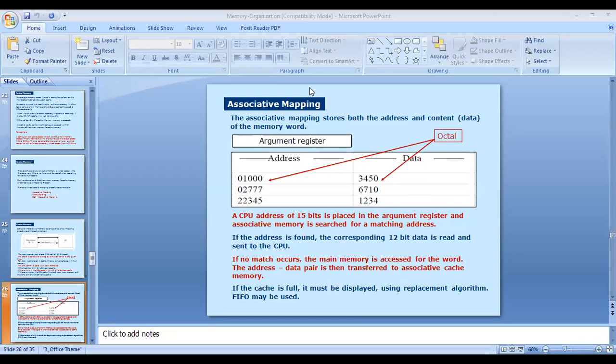So when we are going with direct mapping, try to follow the concept. In this direct mapping technique, the main memory lines whatever we are taking will be mapped onto the cache memory.